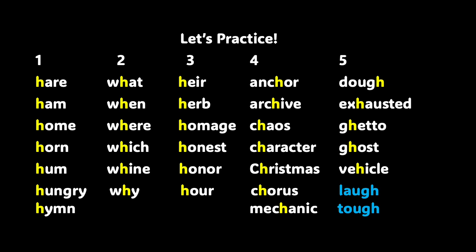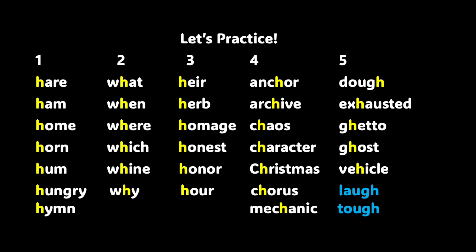Let's say these words. Air, herb, and sometimes people will say herbs, but most of the time the word is pronounced herb. Homage, honest, honor, and hour. They begin with H, but the H is silent.